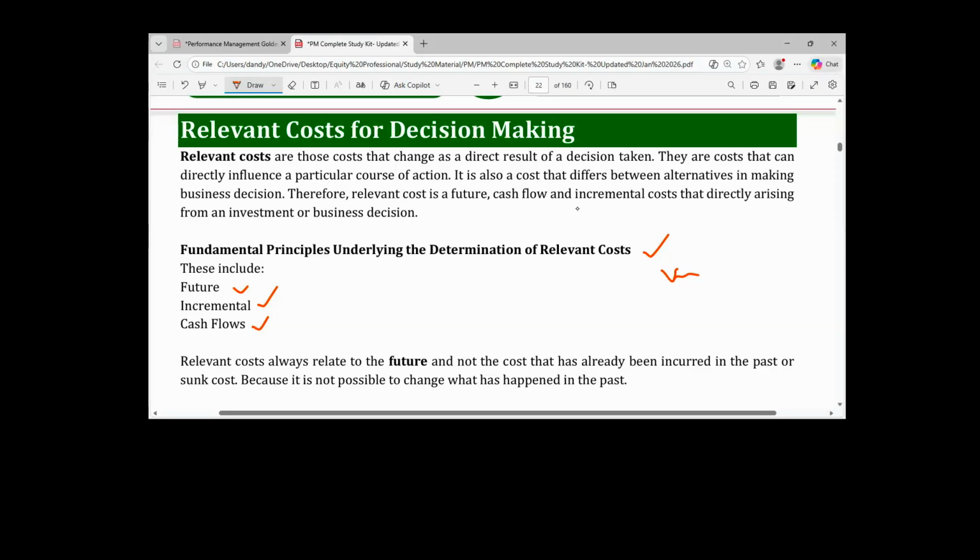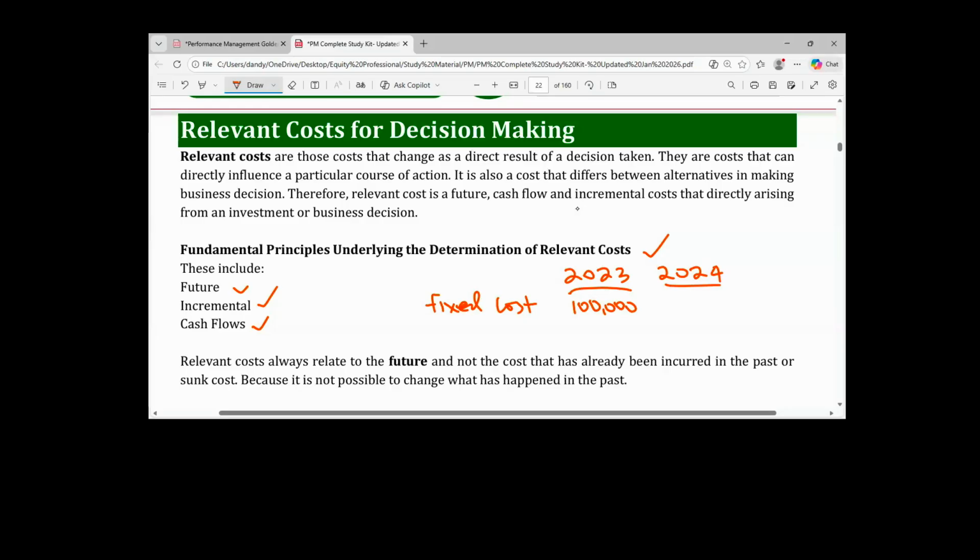For example, let's say between 2023 and 2024, a company incurs fixed cost of 100,000 naira in 2023.